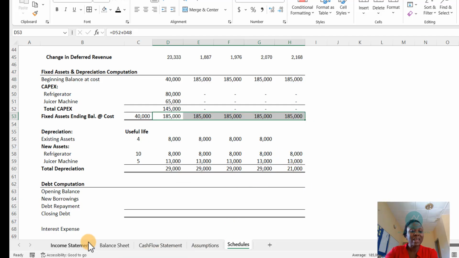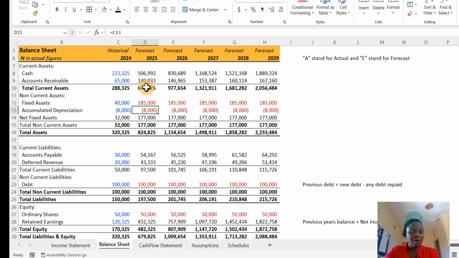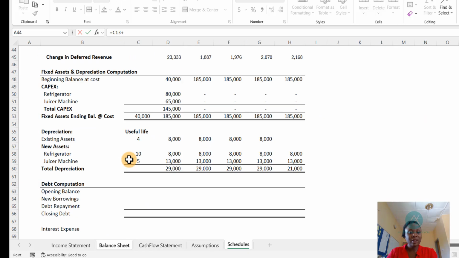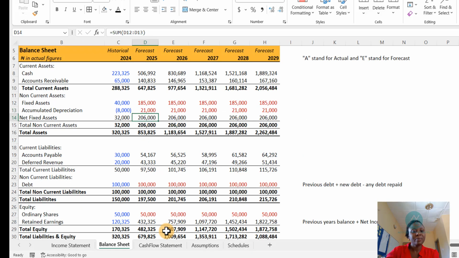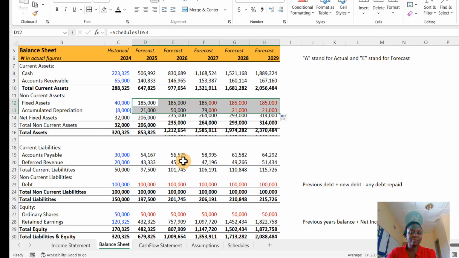So for us to get the accumulated depreciation on this balance sheet, what we'll do is equals to the previous year's depreciation plus, then we go to the schedule and input the current year depreciation, right? And that is it. So we have it here. Then you can change the font color to black, then fill to the right this way.